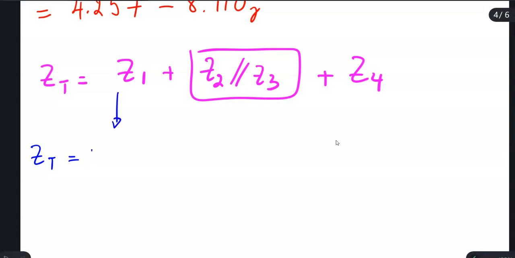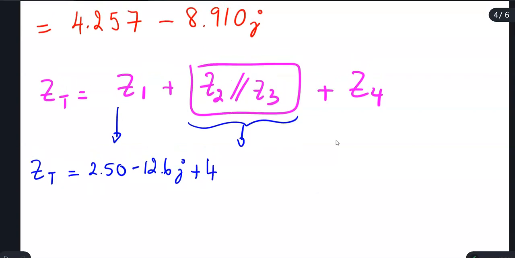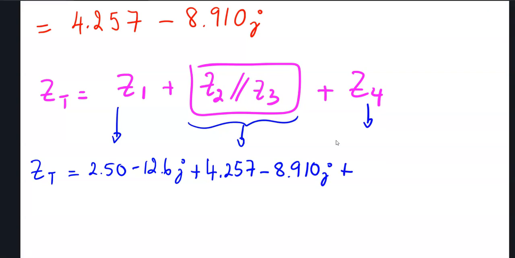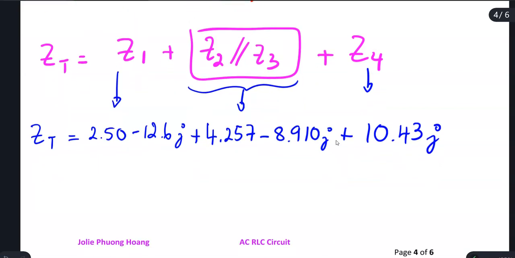Z1 is 2.50 subtract 12.6J, and this value here is what I just found, which is 4.257 subtract 8.910J, and this value is 0 plus 10.43J. So I just put 10.43J.